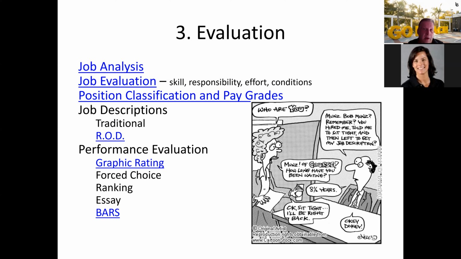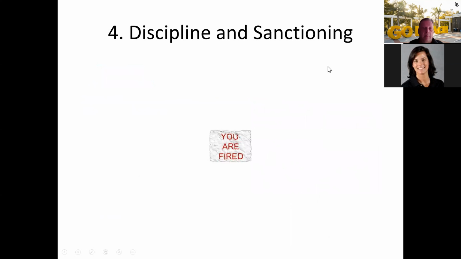Well, after you provide that training and development opportunity, if then the subsequent performance evaluation is still subpar, you're probably going to have to identify and provide some more and some different training and developmental opportunities. And you may need to do this several times before you are able to truly sanction and discipline an employee.